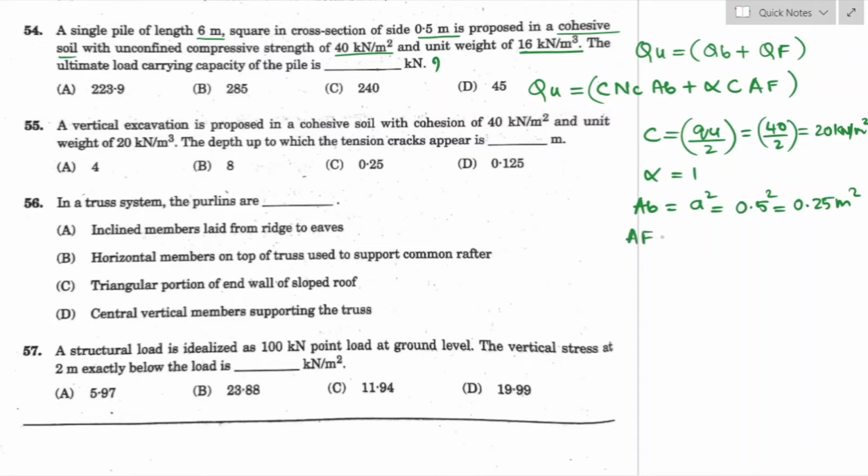Area of the friction is 4AL, 4 into 0.5 into 6 meter. So the area of the friction is 12 meter square.